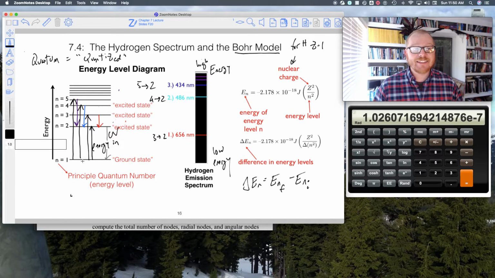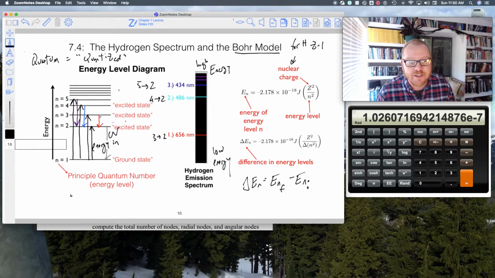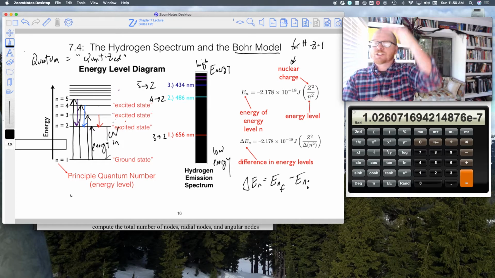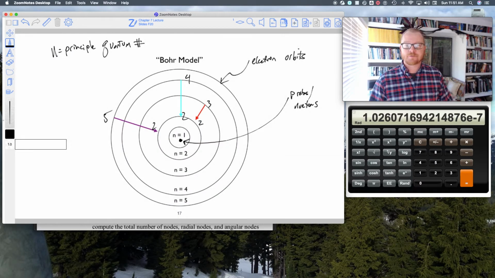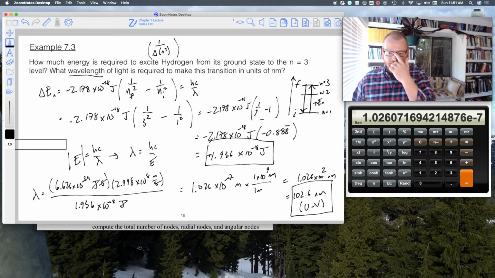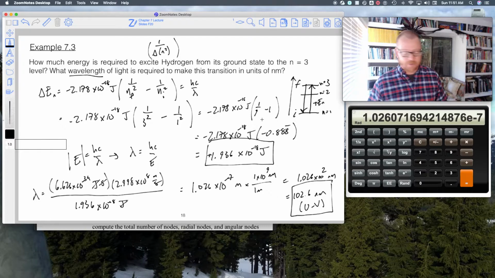So it makes sense that 1 to 3 would also be ultraviolet, because that's a fairly large arrow in comparison to, let's say, the 3 to 2 or any of these other arrows, okay? So once again, the higher the spacing between these energy levels, the more energetic it is. And the more energetic it is, the more likely it's ultraviolet or X-ray or something like that, okay?